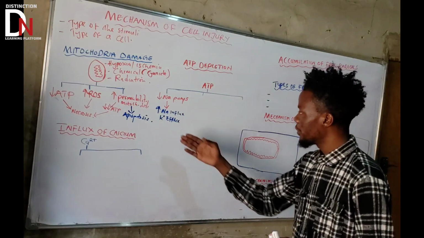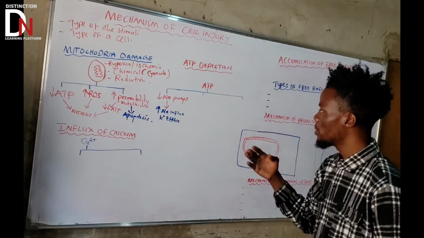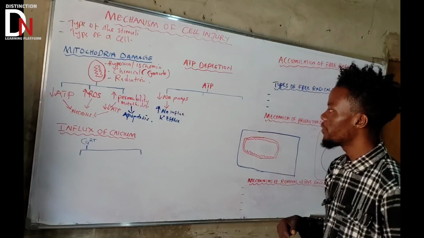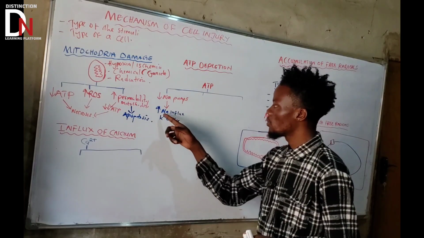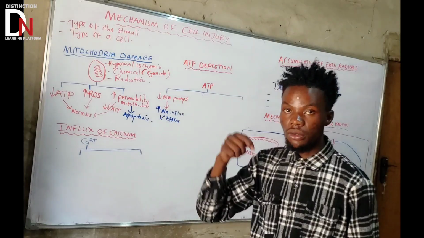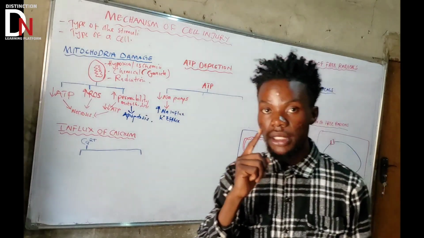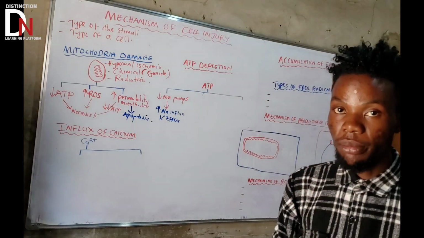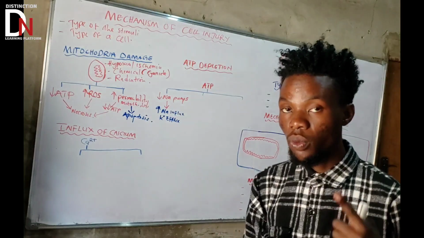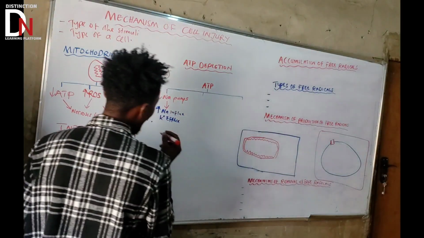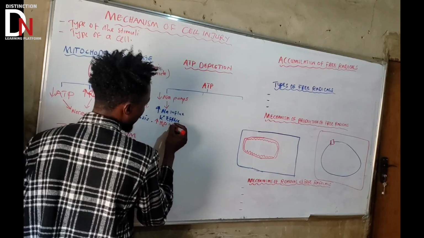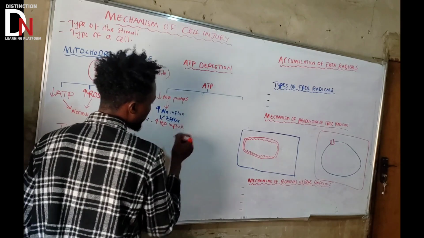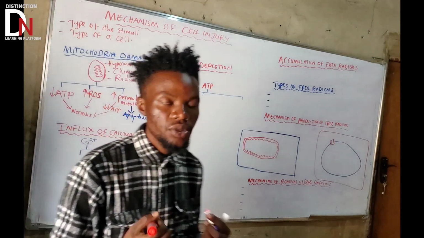Okay, so if this happens, there is sodium influx and potassium efflux, then what will happen? Also there is something very important that likes to follow sodium. If sodium is going into the cell, there is a certain molecule that is very important, which is what? Water. So there will be water influx as well. Water will start going into the cell because it also likes sodium.